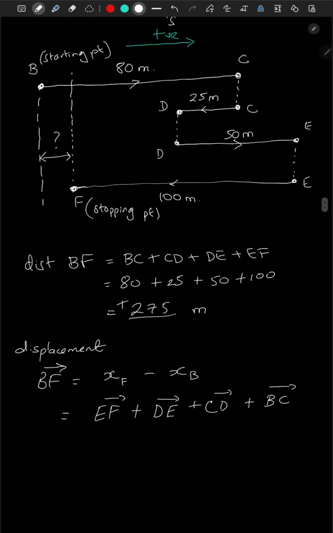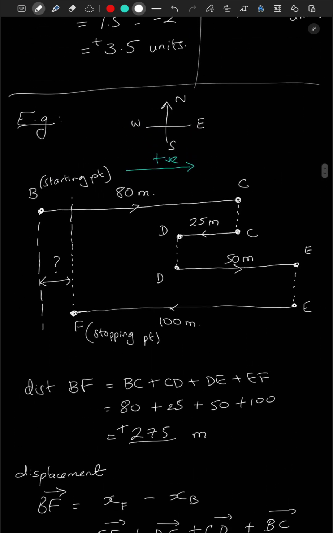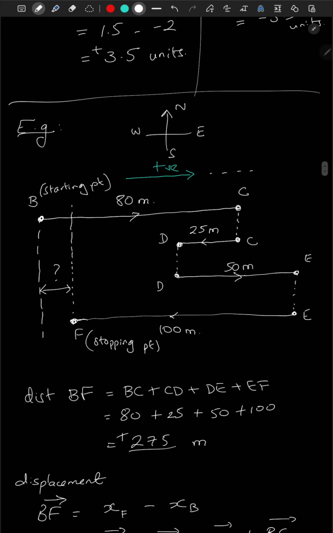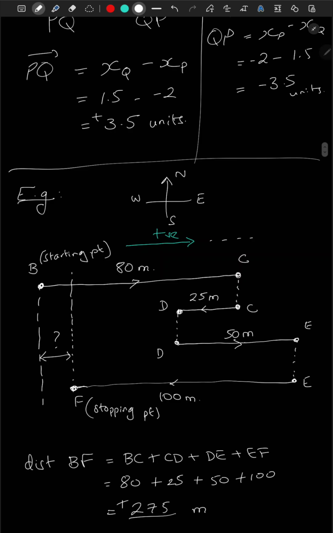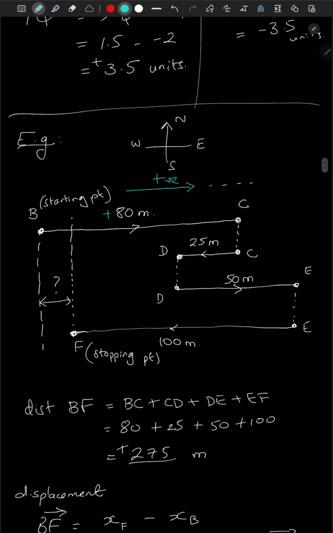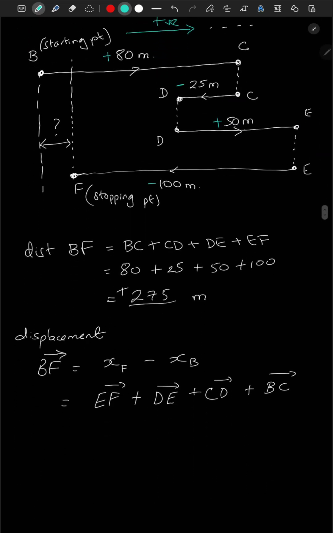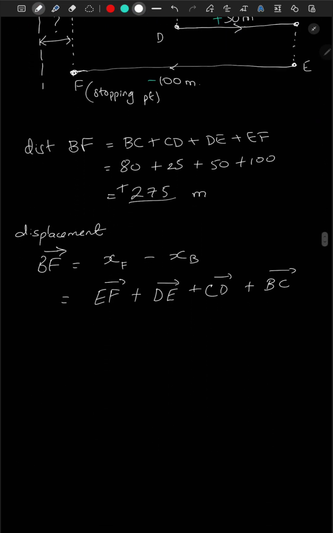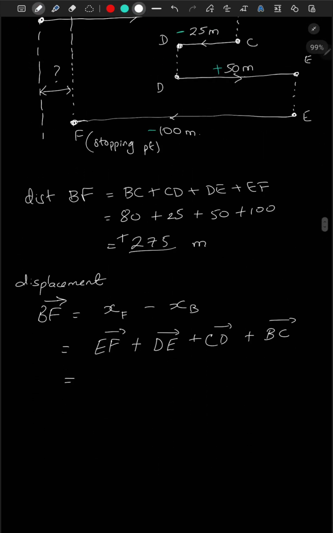So now the positive direction is along the east. So normally BC is along the positive direction, so we should give it a positive sign. Whereas CD is in the opposite direction, so it is a negative sign. So DE is positive and this is negative. Now we have to just add everything.